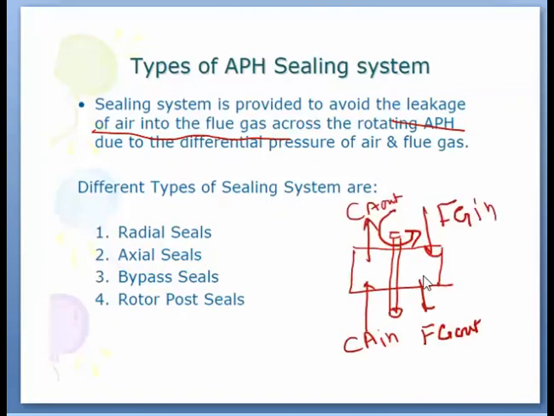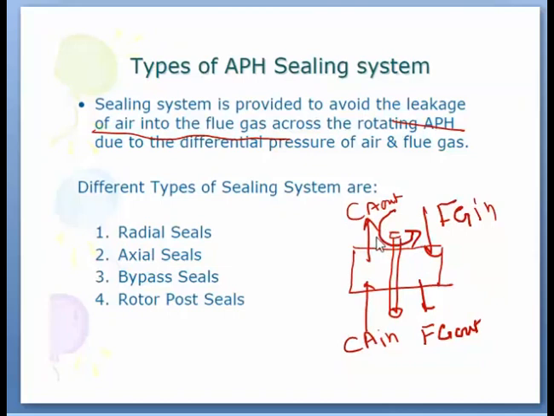So why does this leakage take place? From this figure you can see this portion contains the fresh cold air, which after passing through gets heated, and the flue gas enters from this side, goes out, and this rotates.